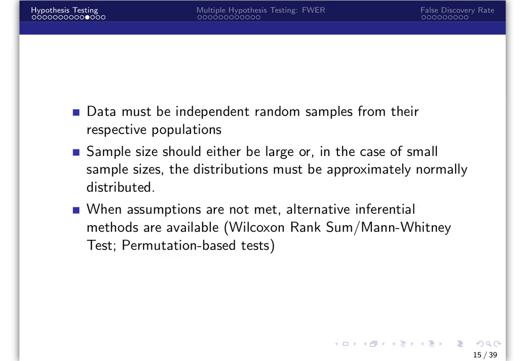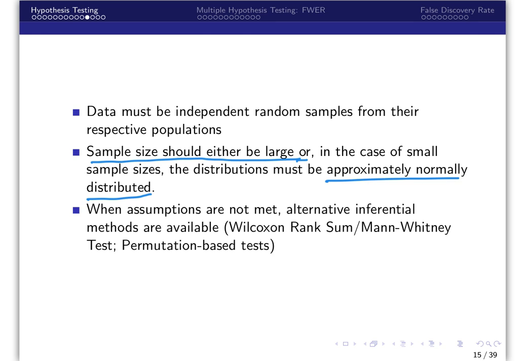We have been discussing a two-sample t-test, so it is important to note that the data must be from independent random samples from their respective populations. The data cannot be paired measurements from the same individuals or related subjects, such as subjects from the same family or household. In such cases, alternative inferential procedures should be applied, such as paired t-tests or mixed effects models.